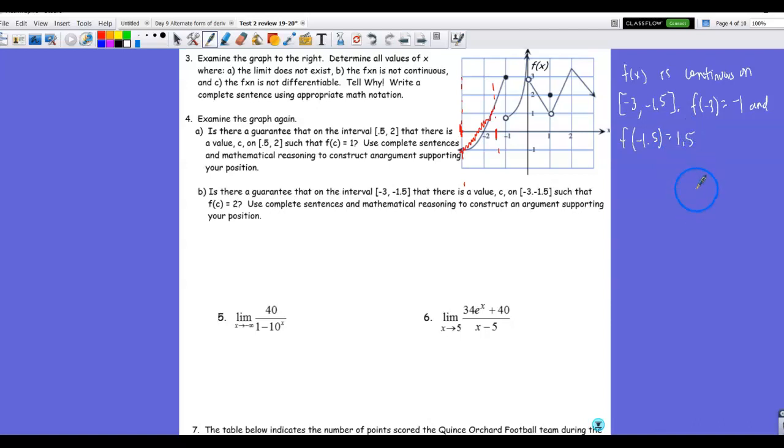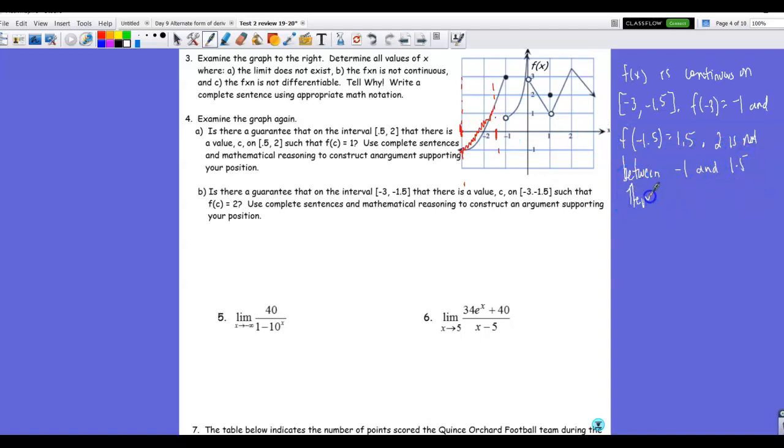Equal to 1.5. All right, now notice the y value of 2 is not between -1 and 1.5. So I'm going to say 2 is not between -1 and 1.5. I did claim that y value correctly, yes, 1.5 estimated.